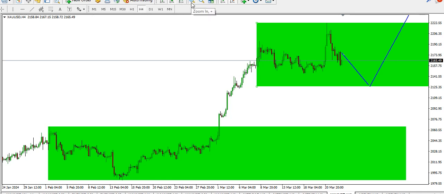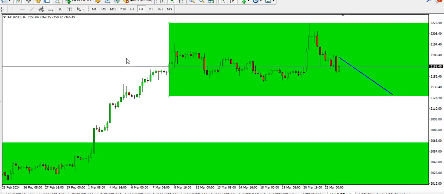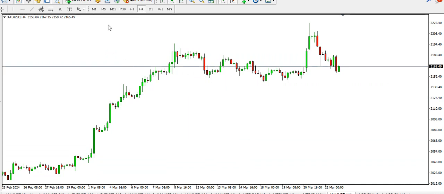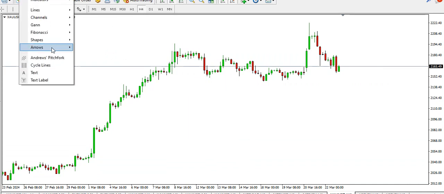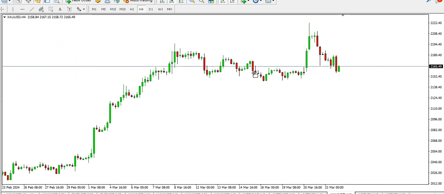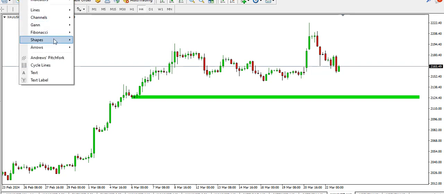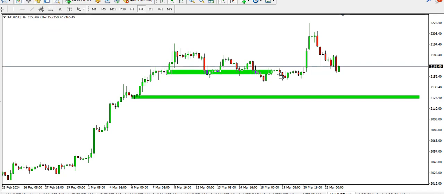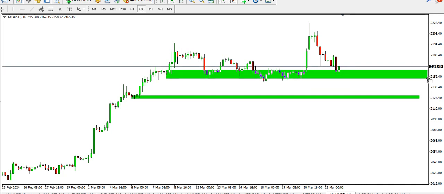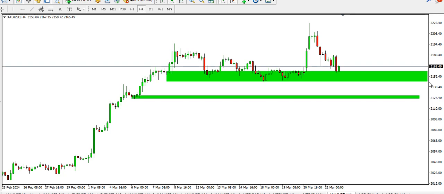Still on the 4-hour time frame, the likely order blocks, we have so many order blocks lined up. This particular order block, buyers were able to step in around here to at least reduce the bearish pressure.